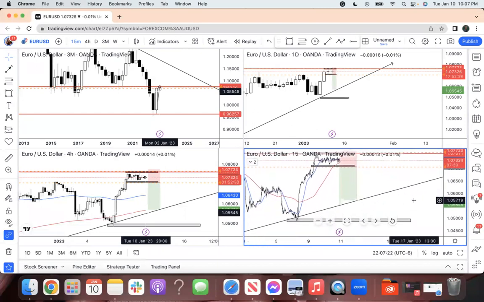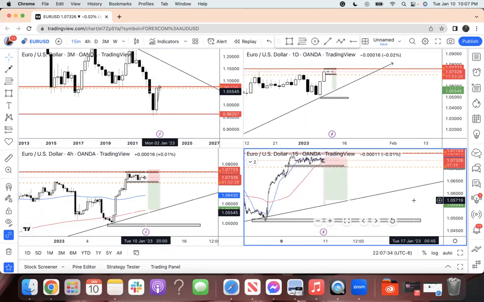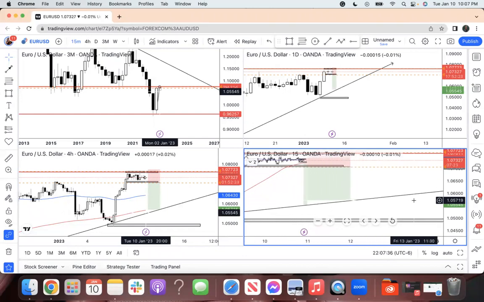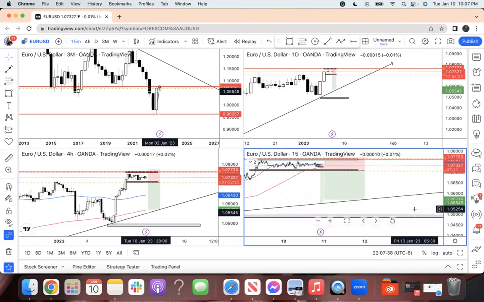And so you have taken off part of your profit, you've moved your stop loss into break even, and you have left a runner open so that you can continue to bank profits on that particular trade until the trend is exhausted.